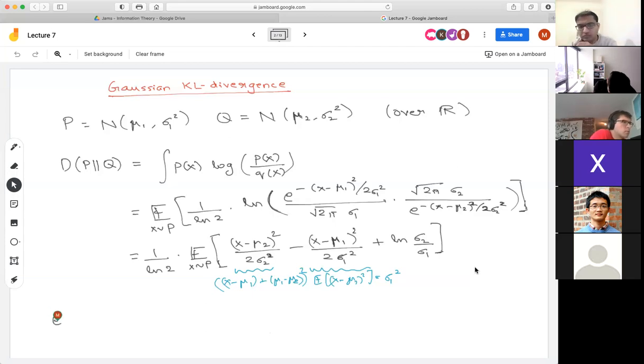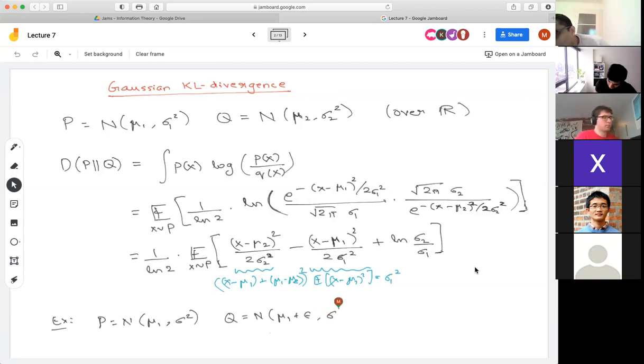so as an exercise, check if you have P, which is maybe mu1 and sigma square, and Q, which is, let's say, a slight shift of mu1, and for convenience, let's say the same sigma square. The first exercise is, of course, finishing this calculation.